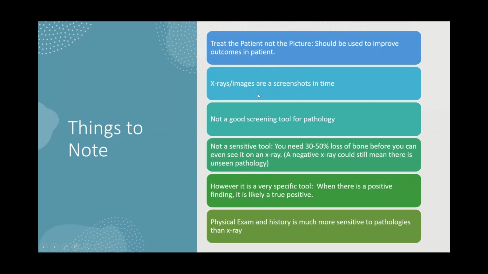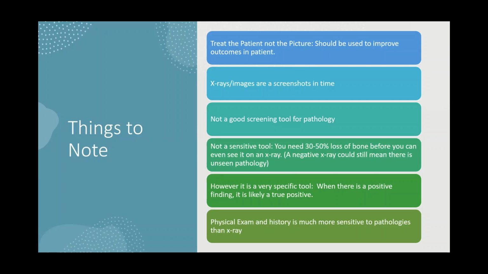X-rays and images are specifically just screenshots in time, so things change over time. If you had something show up on an image years ago, for example, a fracture that showed up a couple of years ago, most likely that fracture has healed over time, and if we take an image again, we're not going to see that fracture.